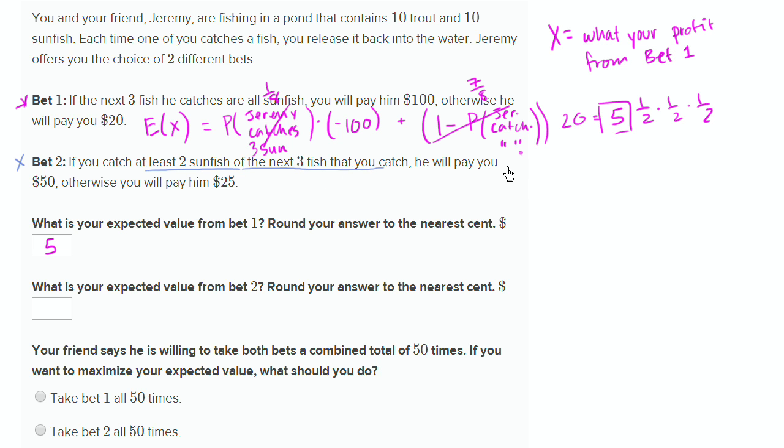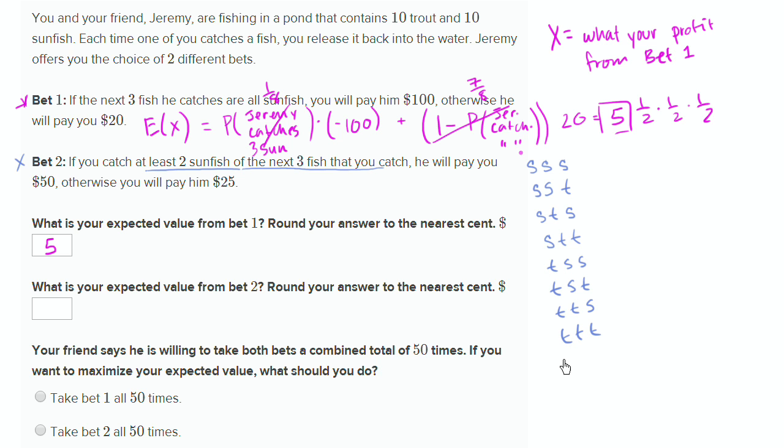You could get sunfish, sunfish, sunfish. The other type of fish is the trout. You could have sunfish, sunfish, trout. Sunfish, trout, sunfish. Sunfish, trout, trout. Trout, sunfish, sunfish. Trout, sunfish, trout. Trout, trout, sunfish. Or all trout.